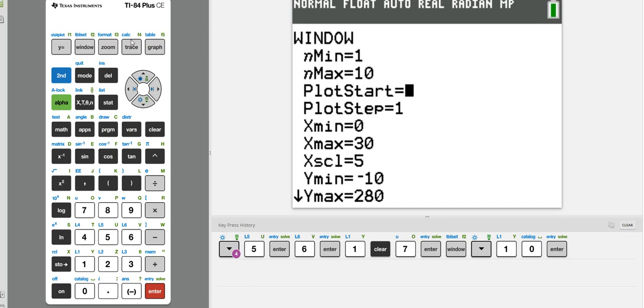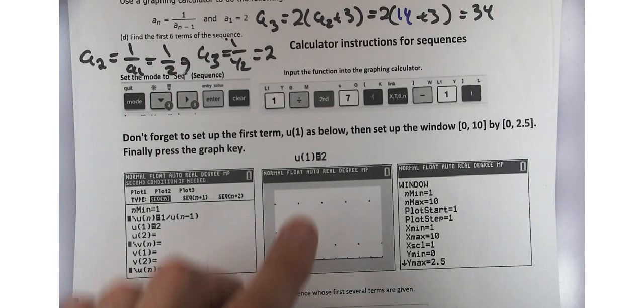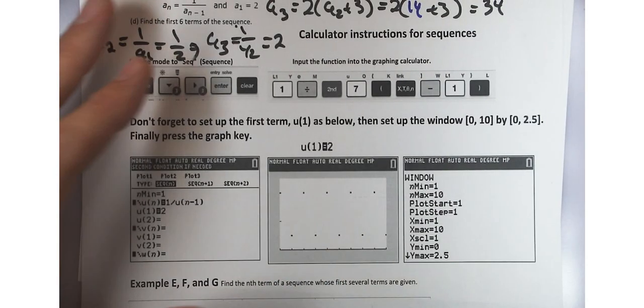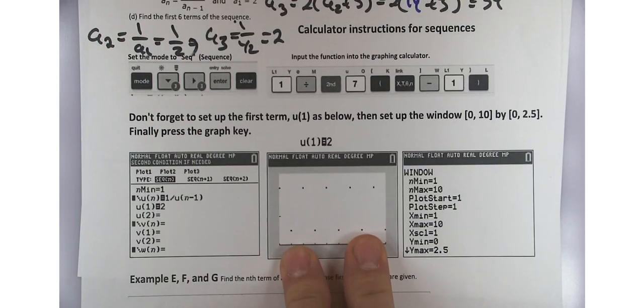Now, x min, I'll leave that at 0. X max, I'll put up at 10. Now I'm leaving x min at 0 to kind of correct for a little error that I made here. There's something disconcerting about this graph I just am not really happy about. Does anyone else see something about this graph that could be better?